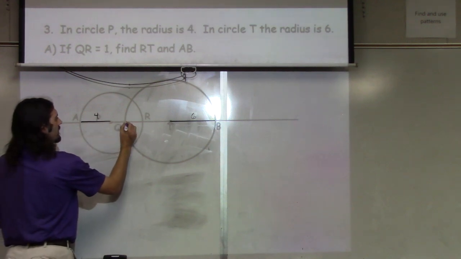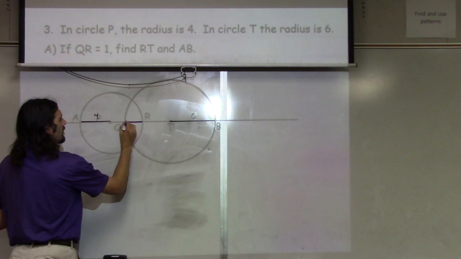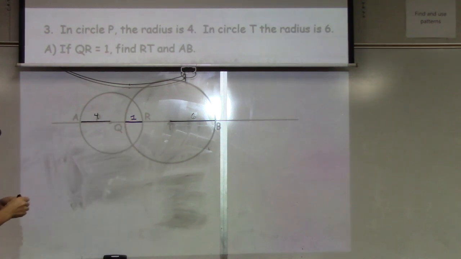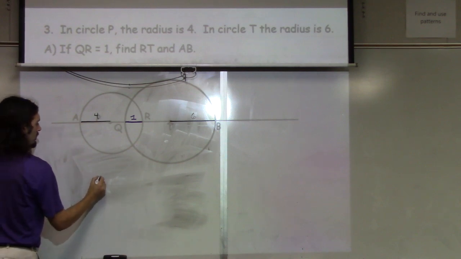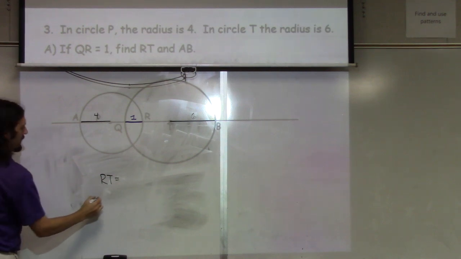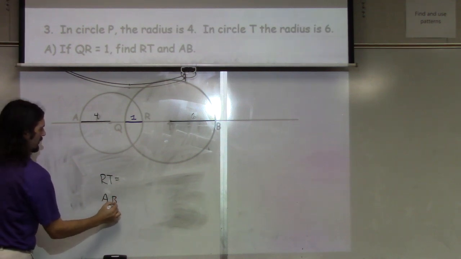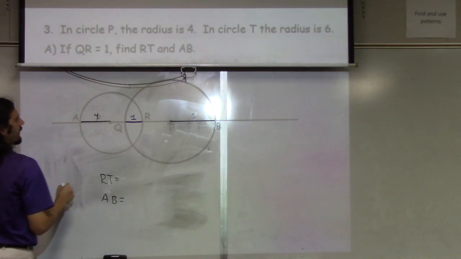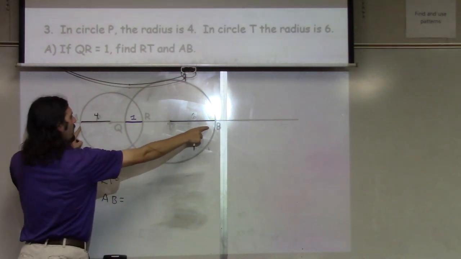So they're telling us right here that QR, that's the distance, is equal to 1. Okay? And then it says find RT and AB. Okay? RT is this chunk over here, and AB is going to be going all the way across.